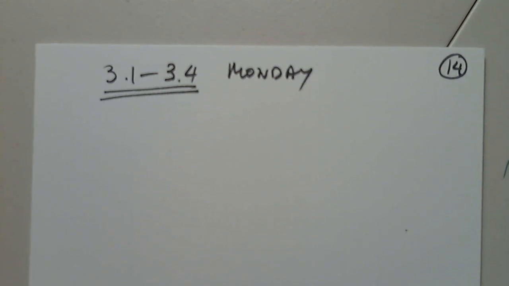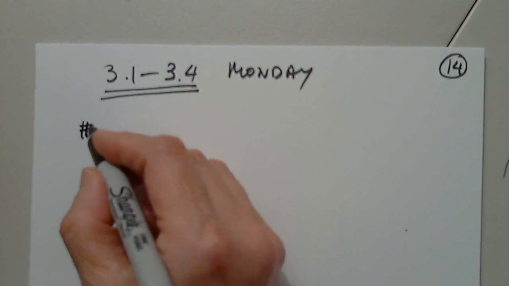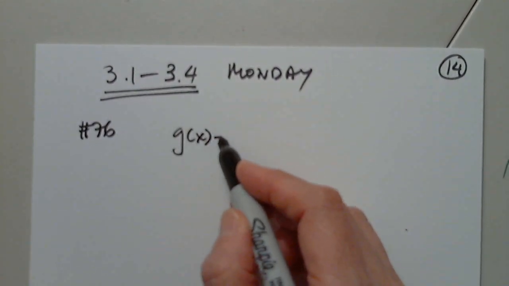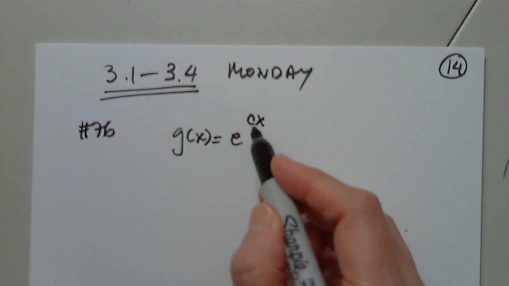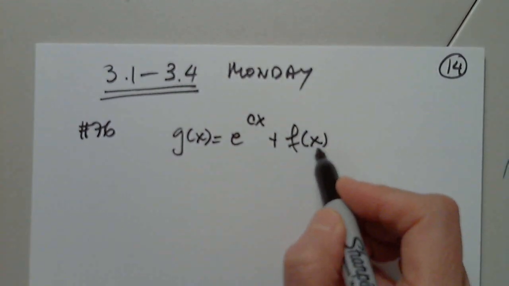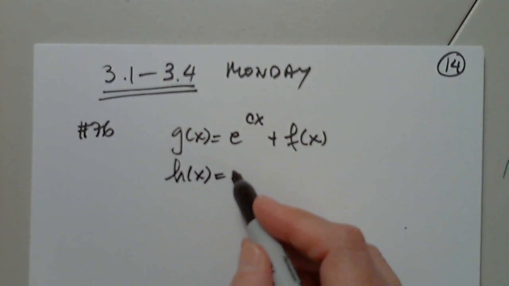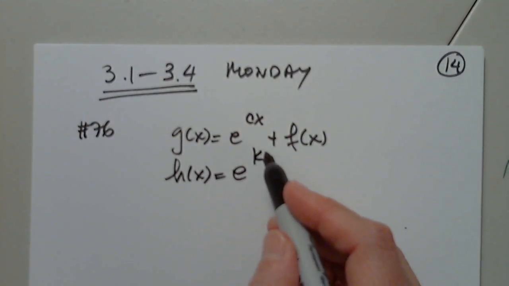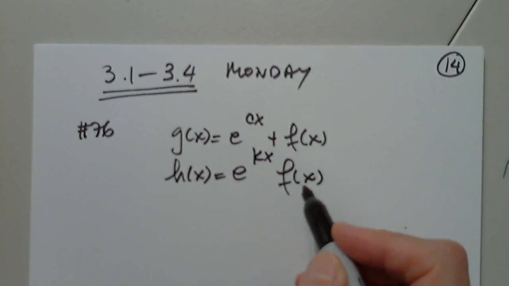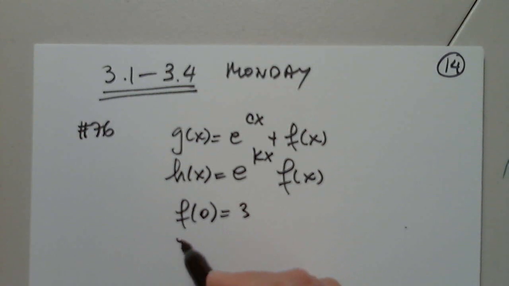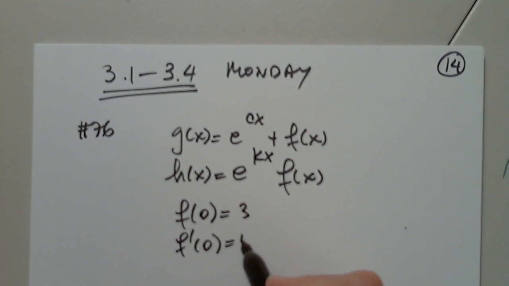76. Good pick. So we have g of x, it's e to the cx plus another function f of x, and h of x is e to the kx times f of x, and they're telling us that f of 0 is 3, f prime of 0 is 5, and the second derivative at 0 of f is -2.